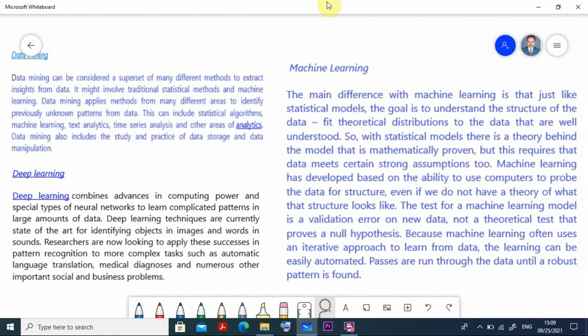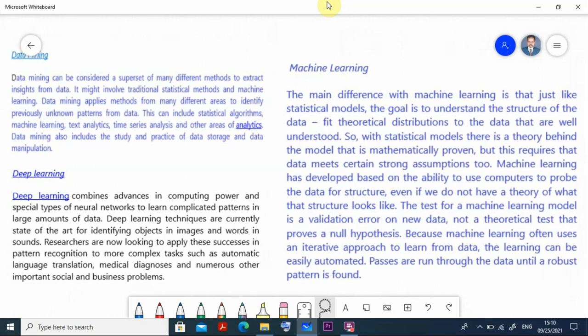Then what is machine learning? The main difference with machine learning is that, just like statistical models, the goal is to understand the structure of the data and fit theoretical distributions to the data that are well understood. So with statistical models, there is a theory behind the model that is mathematically proven. But this requires that data meets certain strong assumptions too, and machine learning has developed based on the ability to use computers to probe the data for structures, even if we do not have a theory of what that structure looks like.